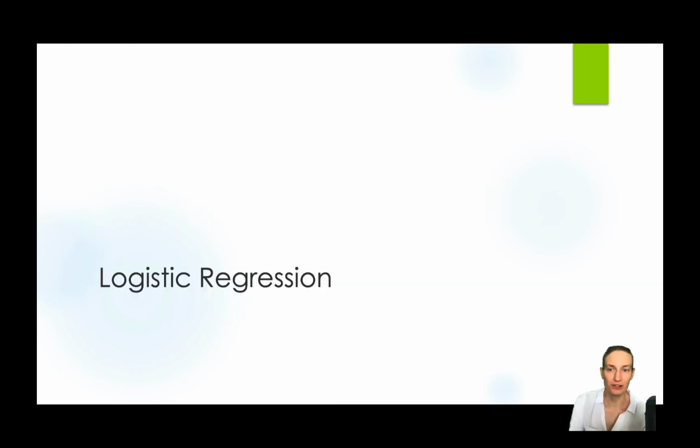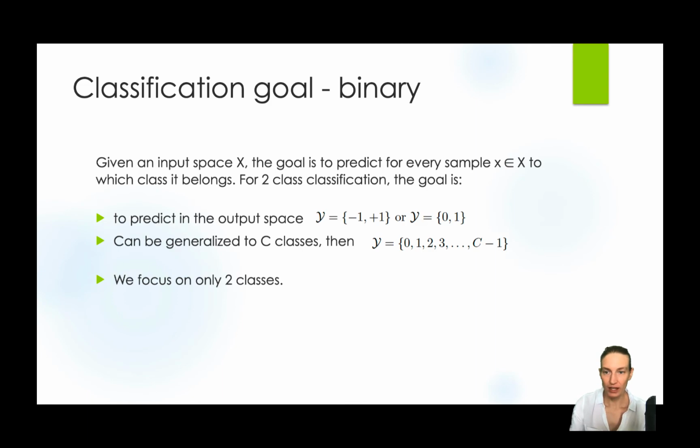Now let's have a look at logistic regression. In logistic regression, our classification goal is binary. So we're given an input space X. Our goal is to predict for every sample x belonging to the input space X, which class it belongs to. So for two-class classification, the goal is to predict in the output space, which goes from -1 to +1, or as you'll later see, sometimes we normalize to 0 and 1, which one it is.